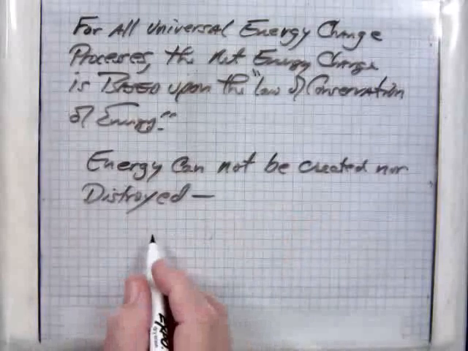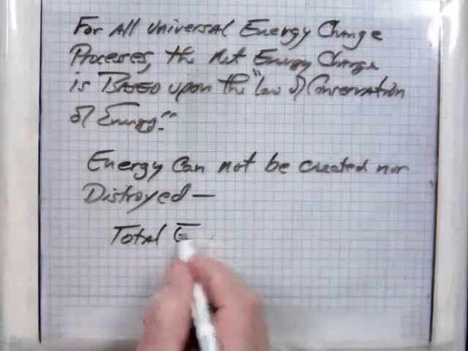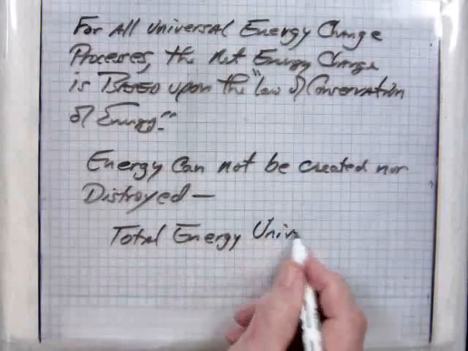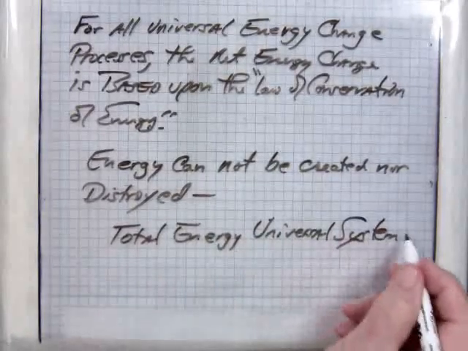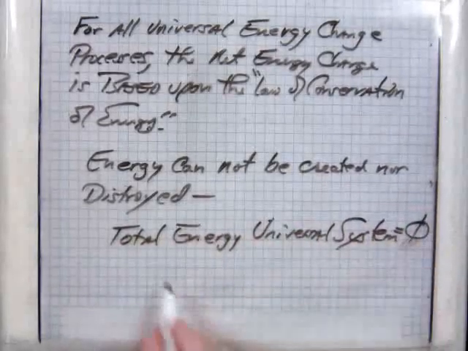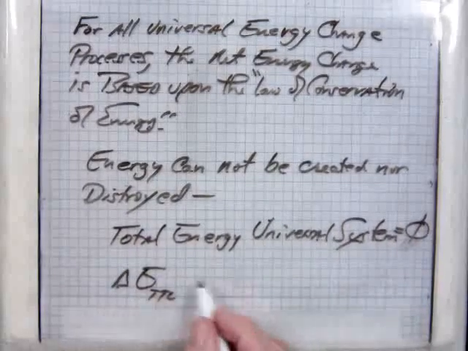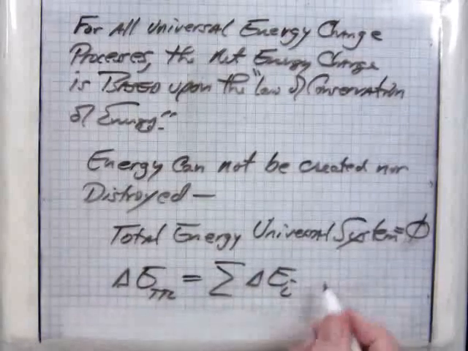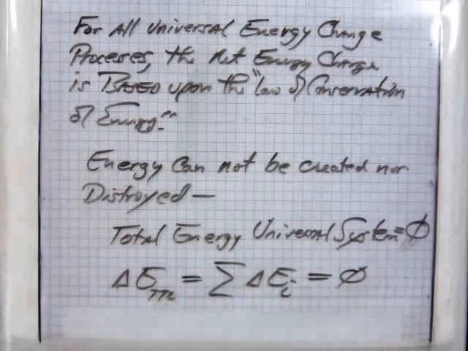And what this ultimately boils down to is the total energy of a universal system equals 0. That is, the change in energy total is the sum of all your changes in energy internal, and all that is essentially equal to 0.